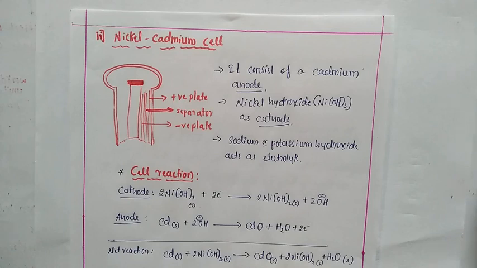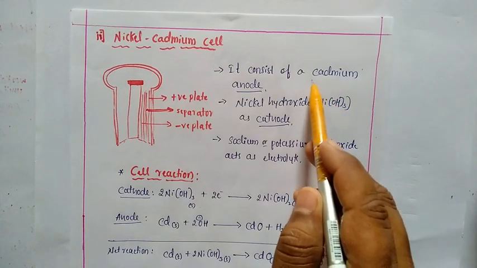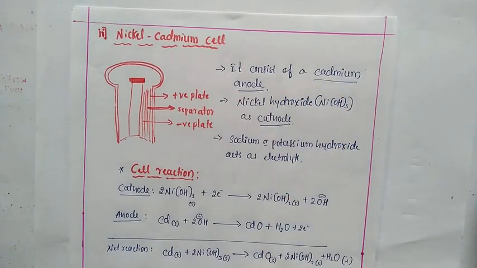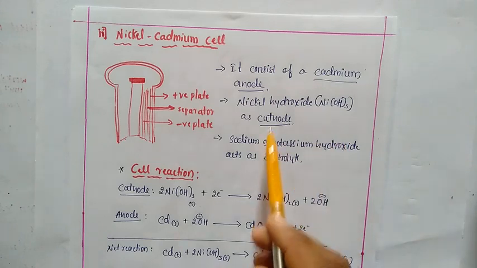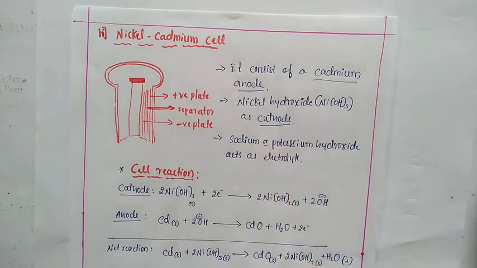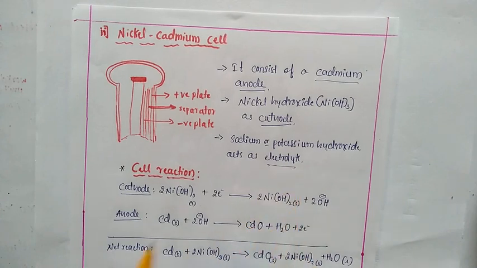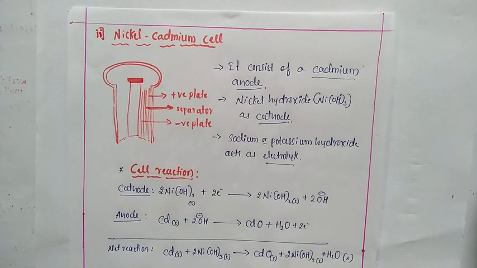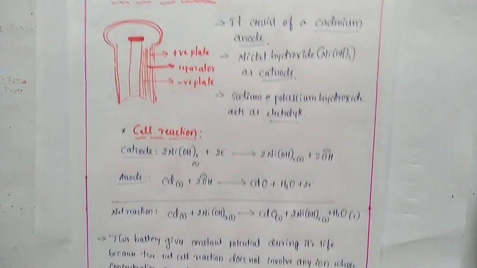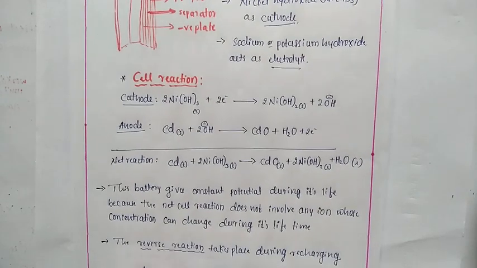Here the anode is cadmium, and nickel hydroxide, Ni(OH)3, acts as the cathode. The electrolyte used in this cell is sodium or potassium hydroxide.